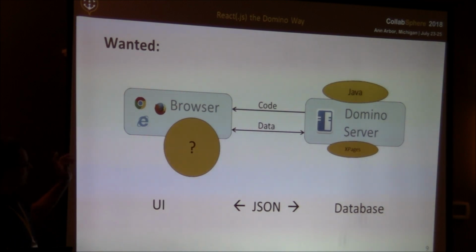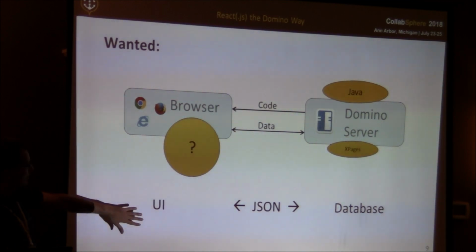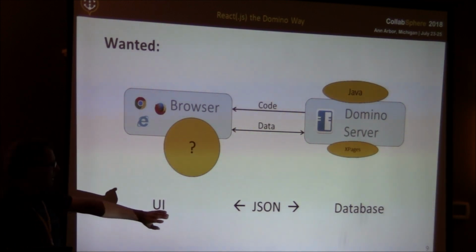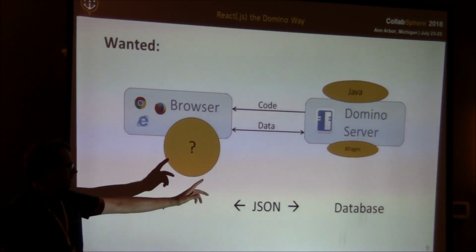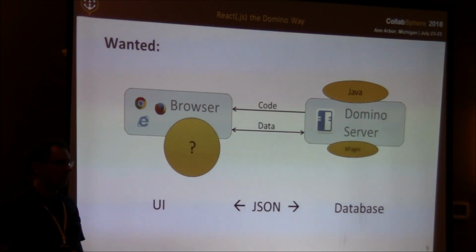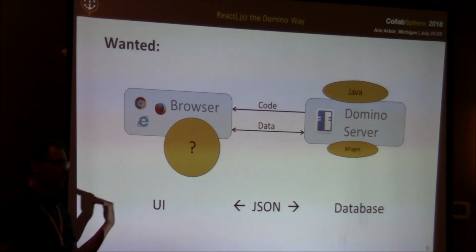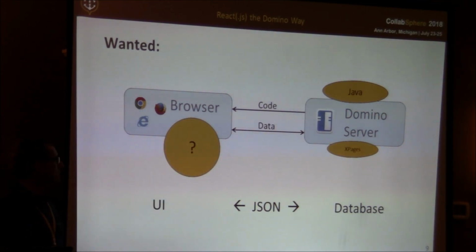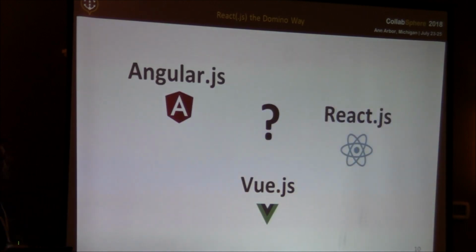And so we have a separation: on the client side the UI, and on the server side the web server and database, and they talk JSON with each other. So we get data with JSON and we send data to the server.